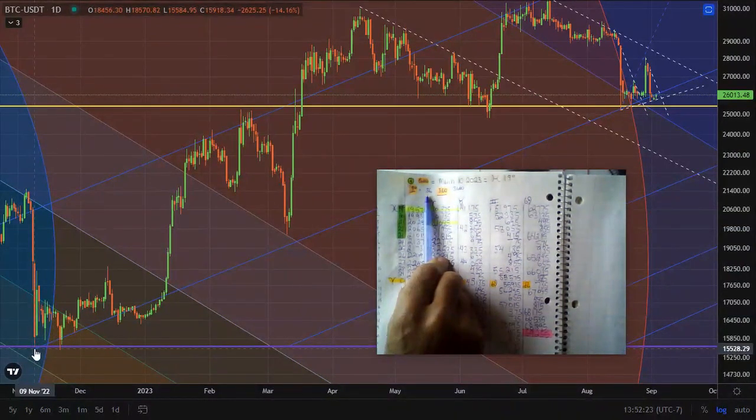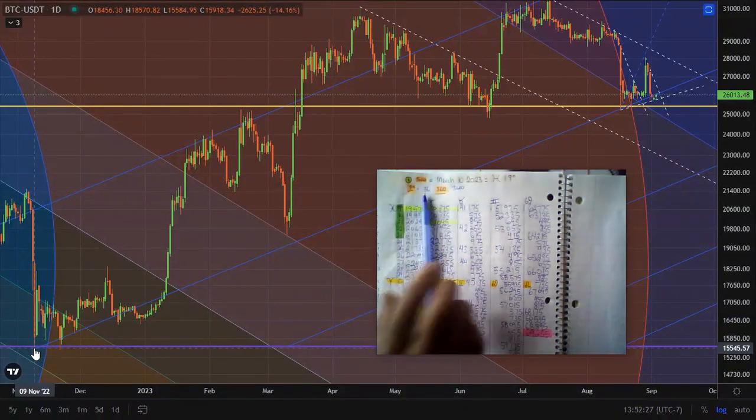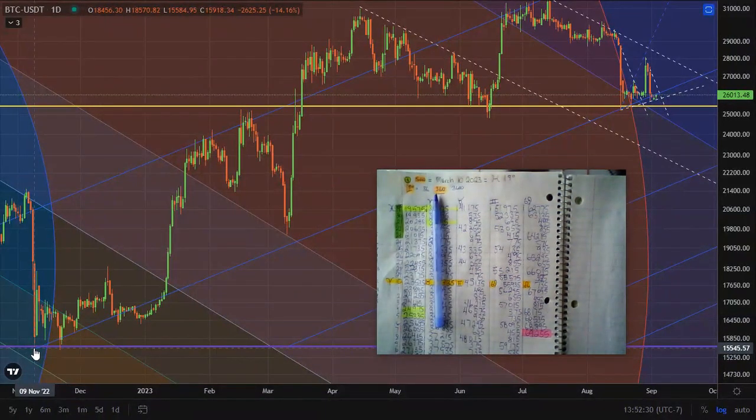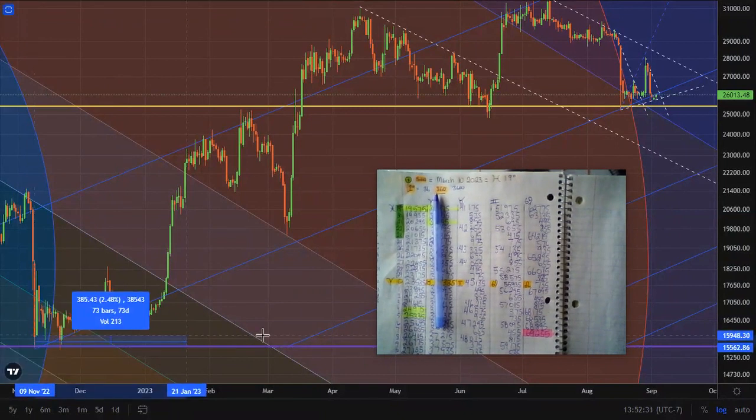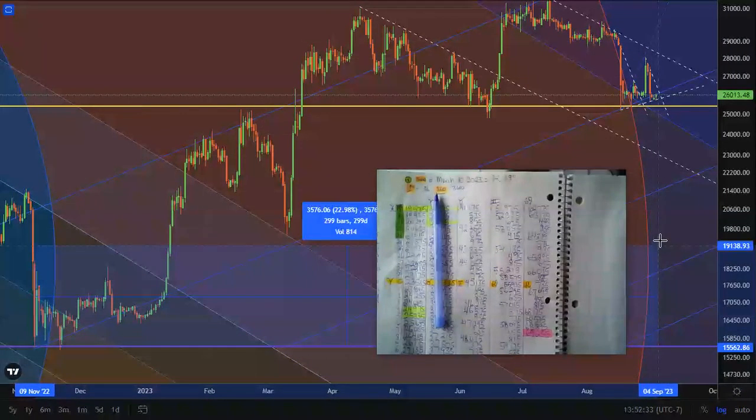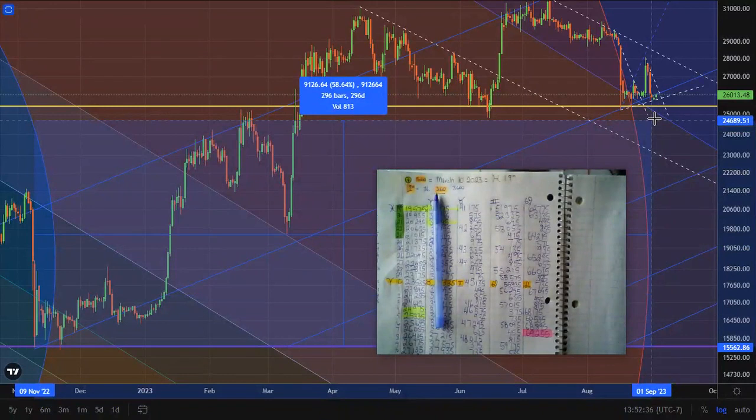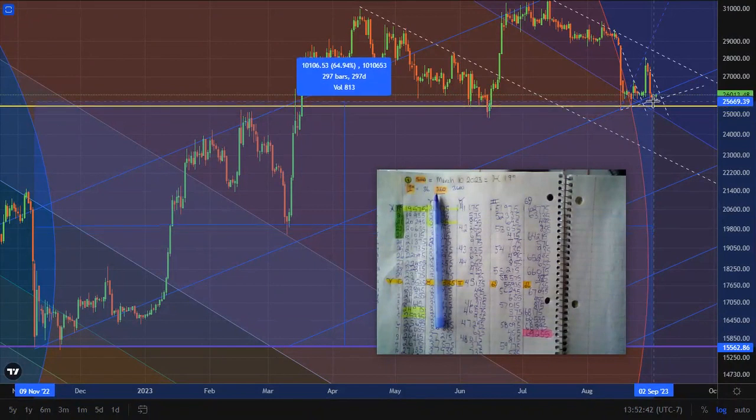We're going to take from this area right here, put our measuring device on there, and go right up to 297 days, which was yesterday or this afternoon, on GMT time.